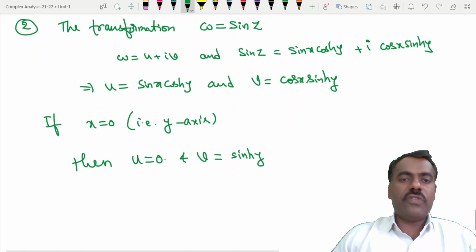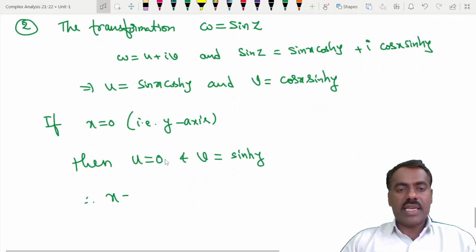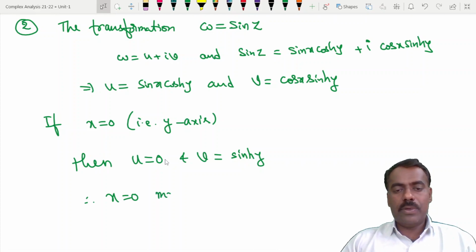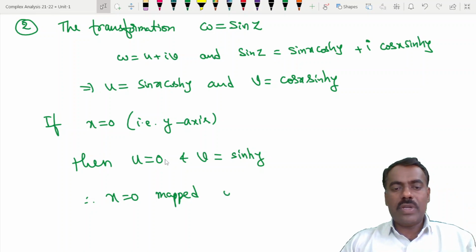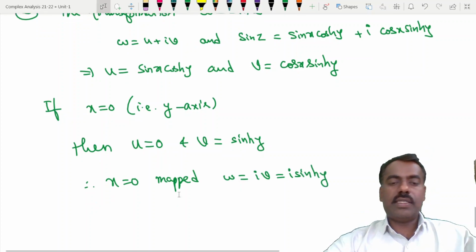So this x equal to 0 is mapped to w equal to u + iv, which is simply i times v, or i times sinh y.